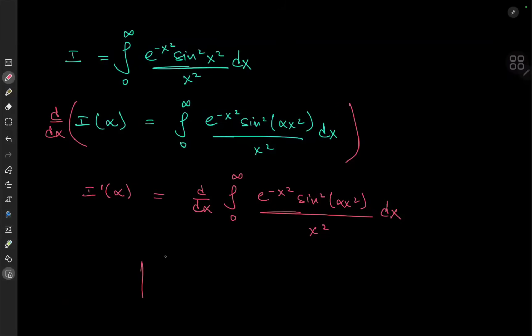If we look at the absolute value of e to the minus x squared times sine squared alpha x squared over x squared, actually we don't even need the absolute values because e to the negative x squared is non-negative, sine squared and x squared are again non-negative.